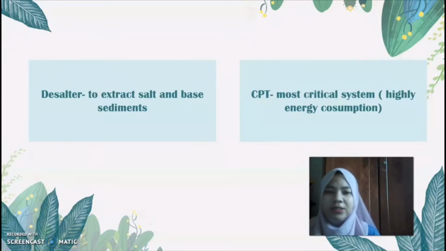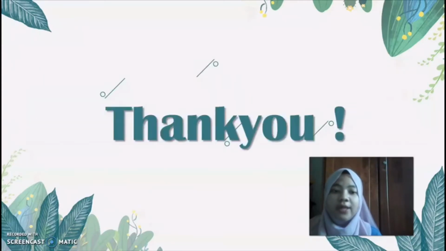Okay, I think that's all from me, and I will conclude that in this lecture we have learned a little bit more about what crude oil is, the function of distillation, and then preheating. I focused more on the crude preheat train.